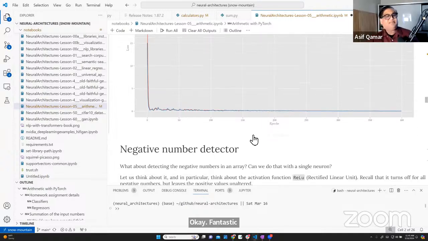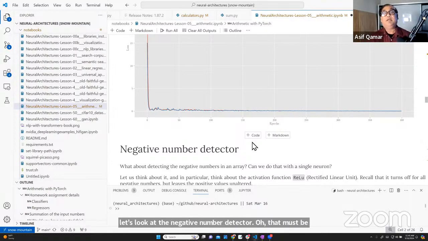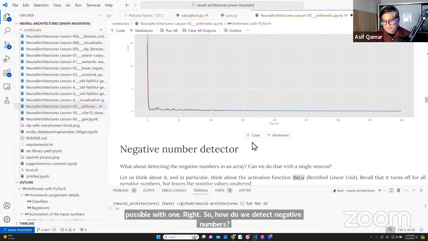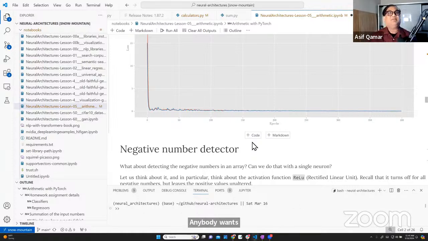Now, let's look at the negative number detector. Oh, that must be tough. How do you detect negative numbers? Can we do it with one neuron? By now, everything seems possible with one neuron, right? So, how do we detect negative numbers? Anybody want to venture a guess whether this is possible with a neuron?